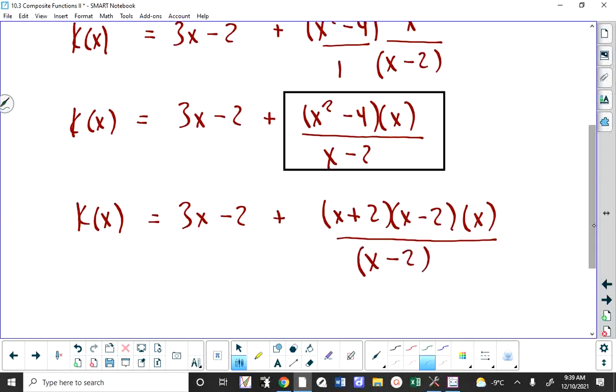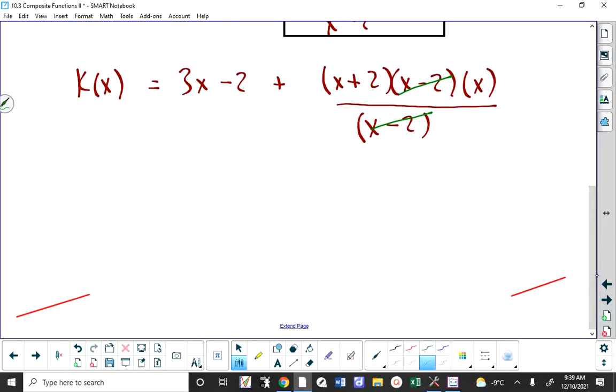So what happens is the x minus 2's cancel. You've been exposed to enough of these illustrations before that I hope you understand, even though we canceled the x minus 2, x is still not allowed to be 2. Right? That non-permissible value is there till the end of time in this function. But what I'm left with is k of x equals 3x minus 2 plus x plus 2 times x.